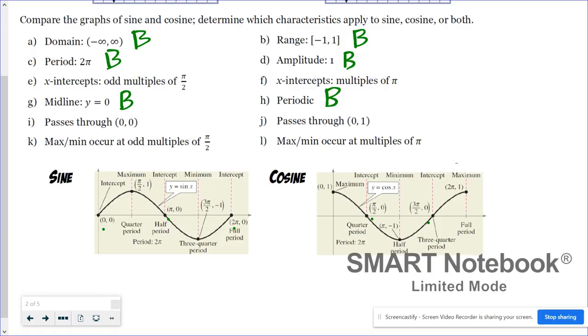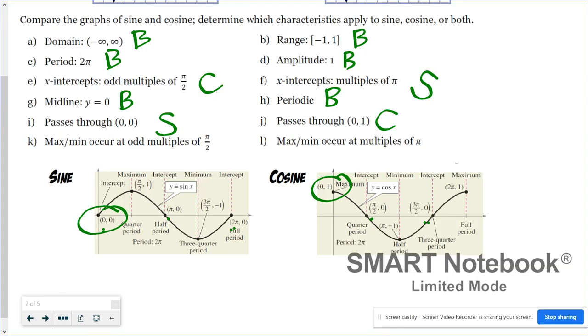So when we say odd multiples of pi over 2, that'd be cosine, because odd is like 1, 3, 5, 7, so on. So 1 pi over 2, 3 pi over 2. Sine has x-intercepts at multiples of pi, because it was 0 pi, 1 pi, and 2 pi. Passes through 0, 0, that would be sine. Whereas cosine passes through 0, 1.